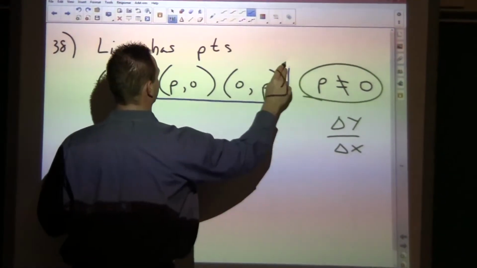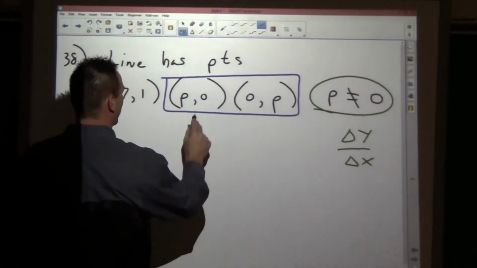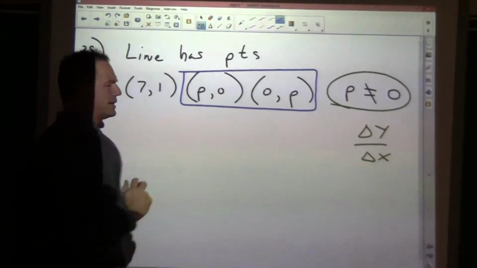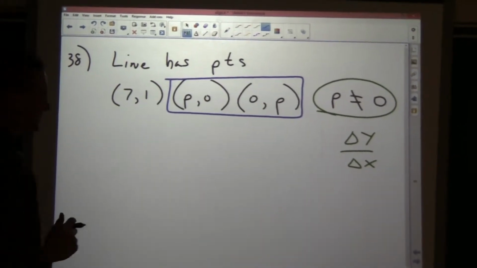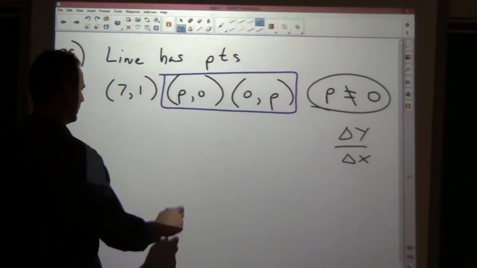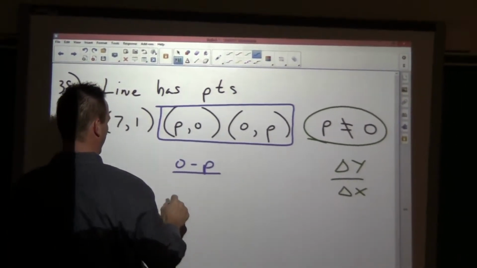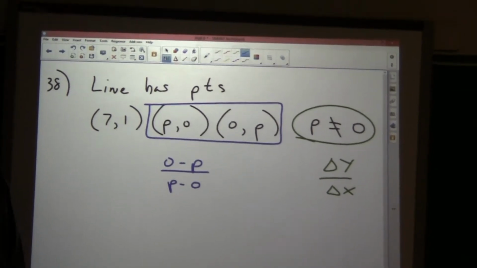Interesting. If I take the change in y, what's 0 minus p? What's 0 minus p? So negative p. And what's p minus 0? P.